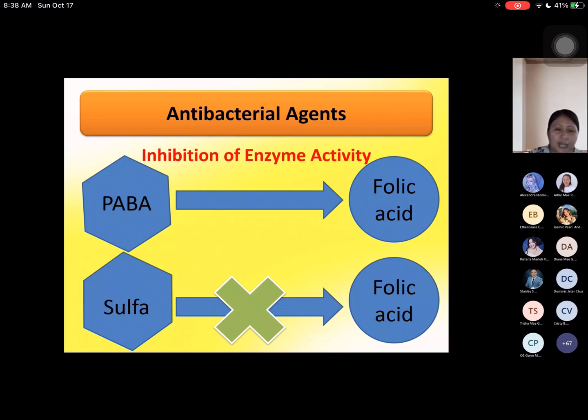this is how sulfonamide works in the inhibition of enzyme activity: bacteria require folic acid in order to carry out metabolic processes. In order for them to produce folic acid, they need the PABA. The PABA is needed by the bacteria to produce the folic acid.